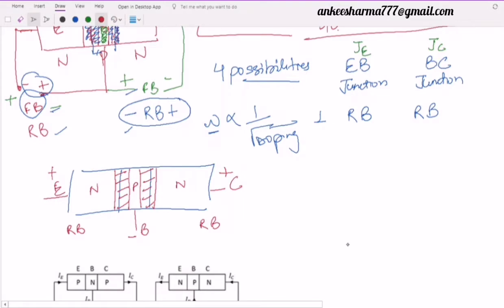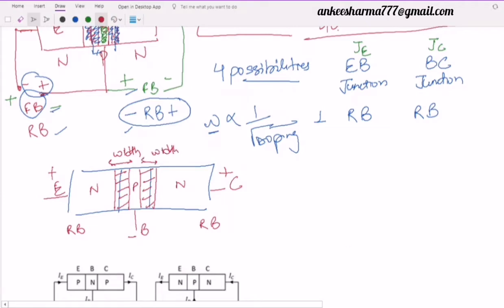Due to the reverse biasing, this width will increase. Will there be any flow of current from the emitter to the base? No, definitely there will be none, only the minority carriers will flow. But we won't consider the minority carriers here because their current is very small. That's why they are sometimes called leakage currents. Whereas if we look at this other junction, in the P and N scenario, as these are also reverse biased, this width will also increase and there will be no flow of current.